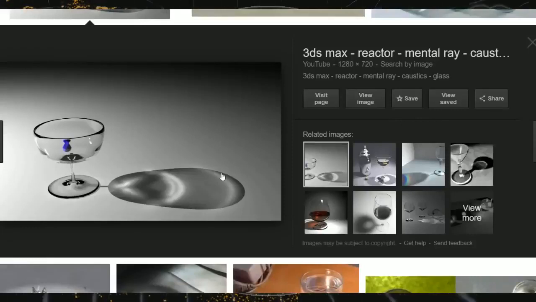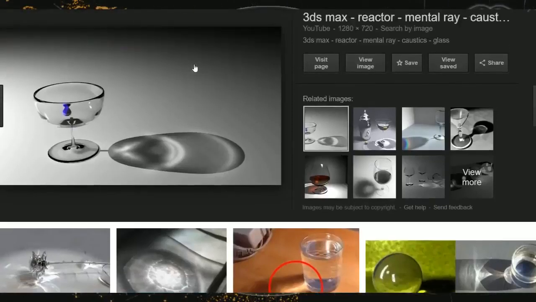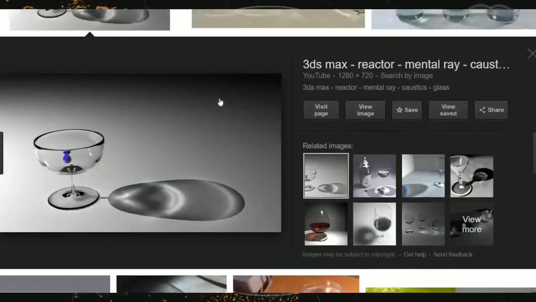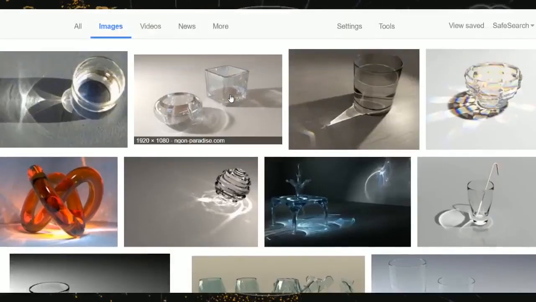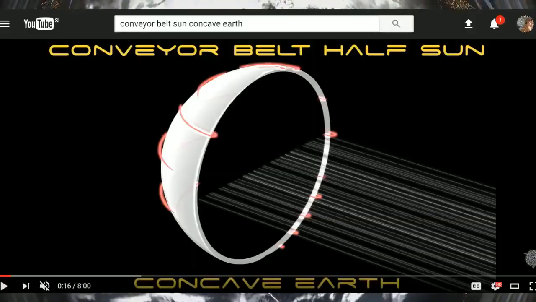The zodiacal light inside glass, glass creating this container to contain the glass and create this ring, because the sun is a magnet and it has horizontal magnetic field flow. Basically, it's a slam dunk for LSC concave Earth. So there you go. This is icing on the cake.